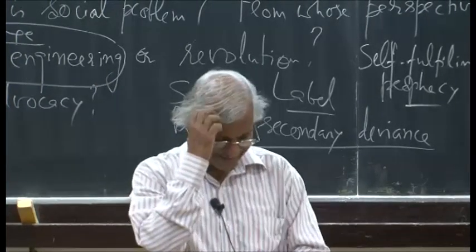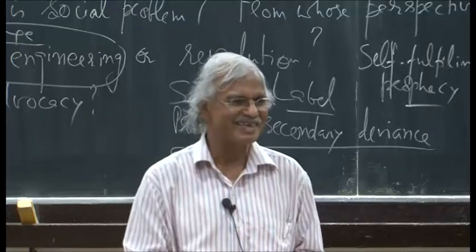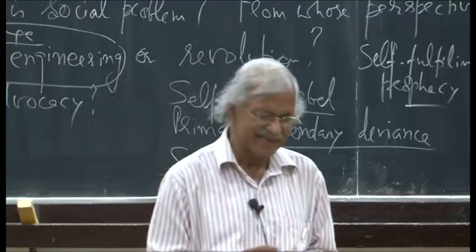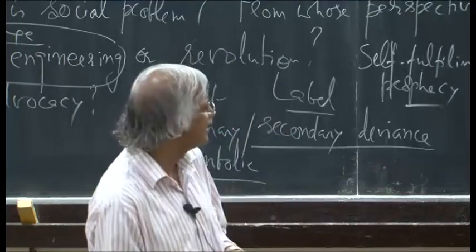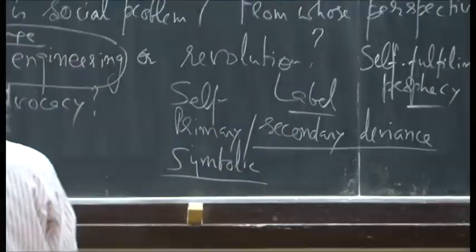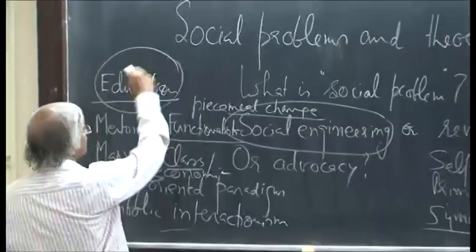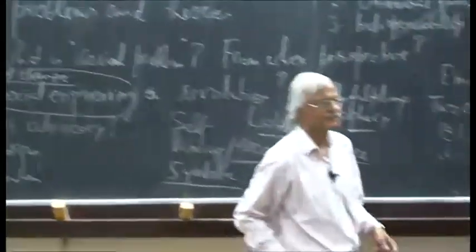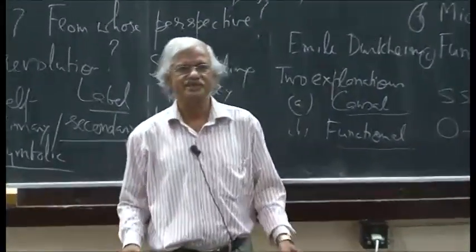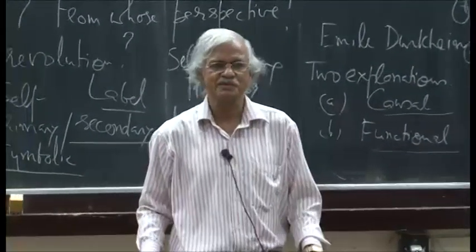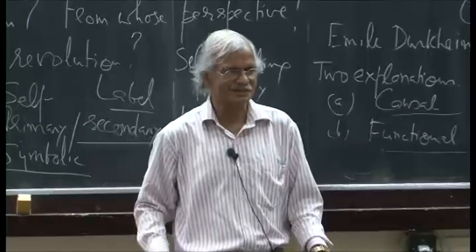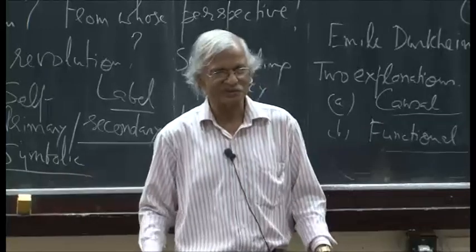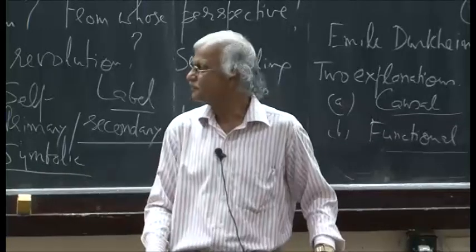Now, after recapitulating Merton and symbolic interactionism and a bit of ethnomethodology, let me take up the problem of education and tell you what kind of questions will be asked by sociologists belonging to different camps, or subscribing to different paradigms, perspectives or theories.